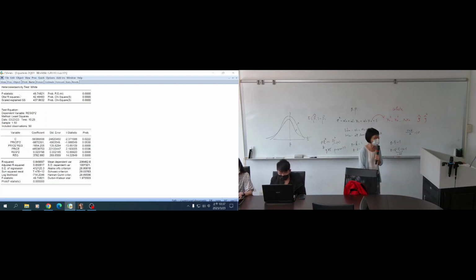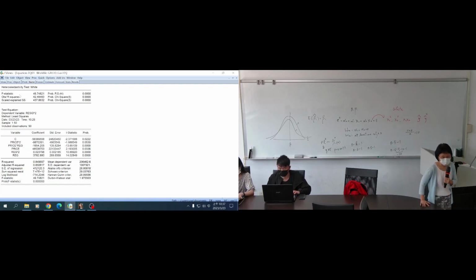So if you compare two models, one without correction and one using the corrected method, you will see the same coefficient but a different standard error, either smaller or bigger.